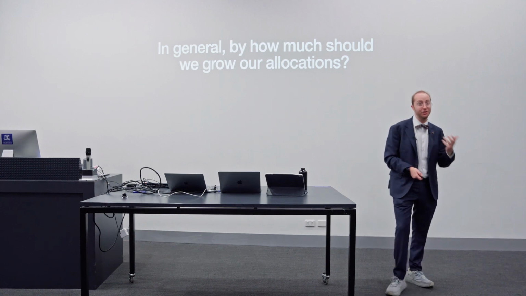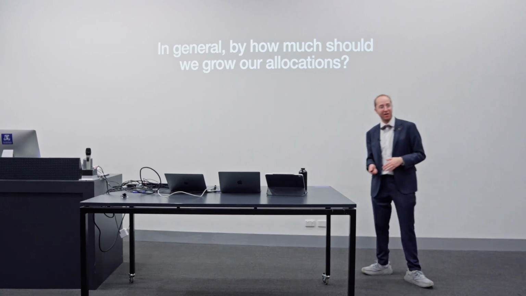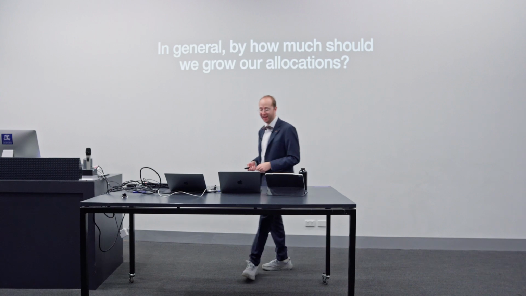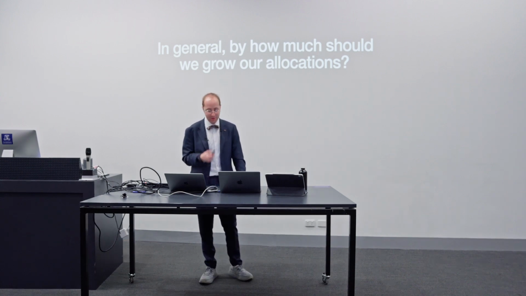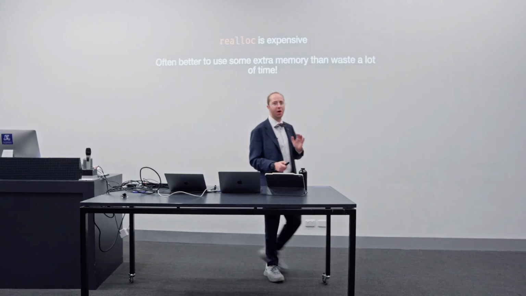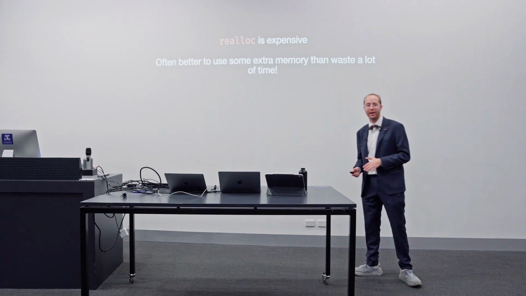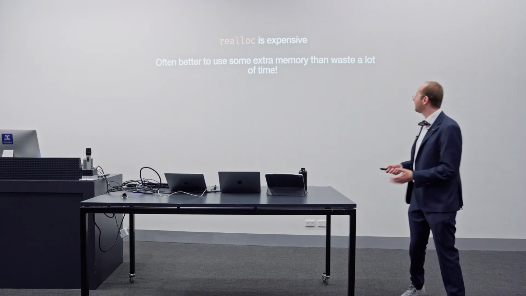If your data is growing exponentially, then you've got other problems and might need to think very carefully about how you're managing it. So realloc is expensive, and it's often better to use a little bit more memory going to waste than spending all that extra time.